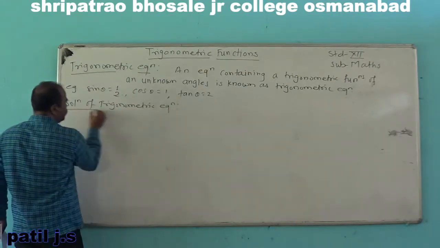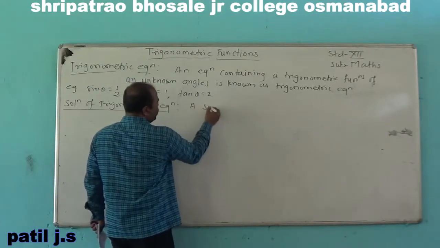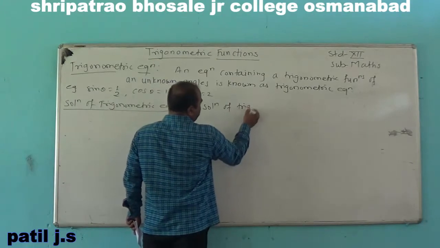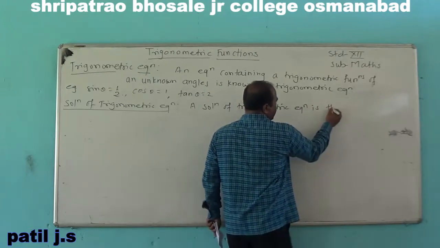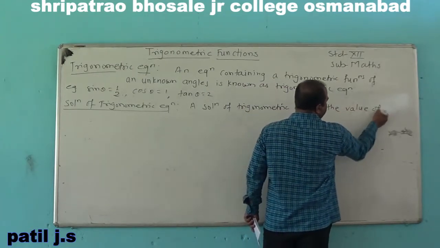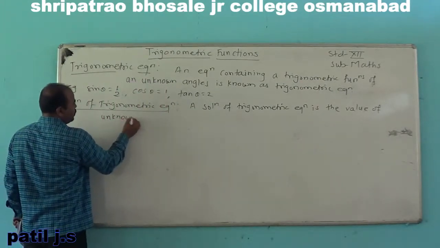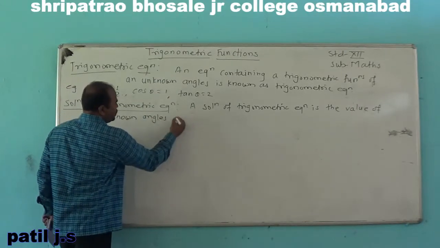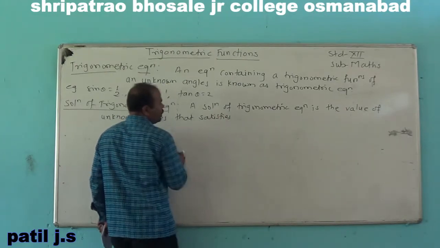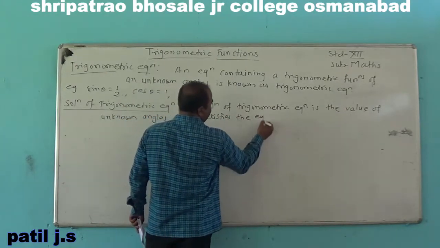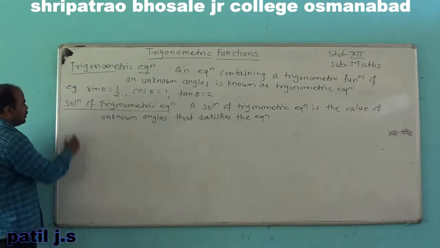Next definition: a solution of a trigonometric equation is the value of the unknown angle that satisfies the equation. This is known as the solution of a trigonometric equation.